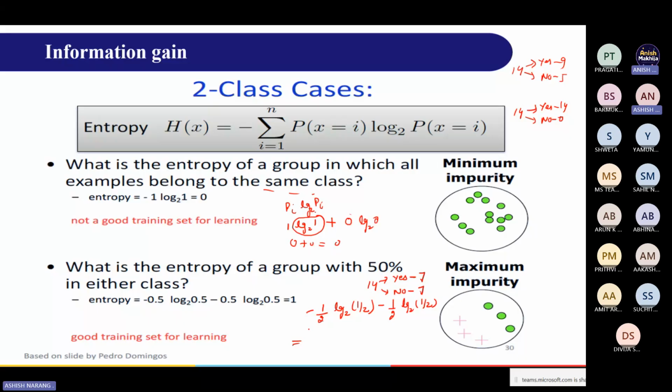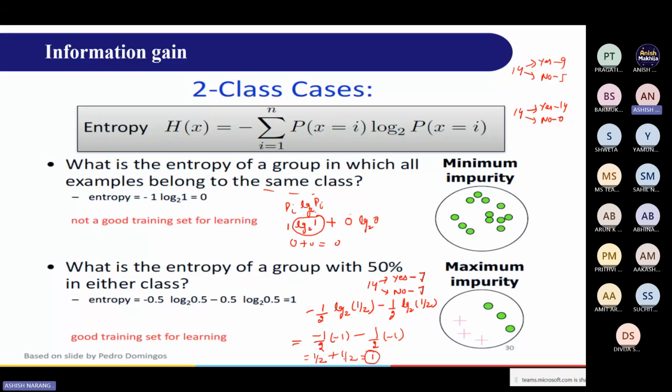It is minus 1, right? So minus 1 by 2 into minus 1, minus 1 by 2 into minus 1. So this becomes 1 by 2 plus 1 by 2, 1.